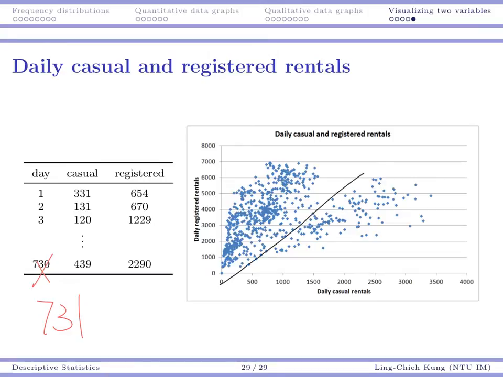If you separate them here, one group of data is something like this, the other is something like that. Then it's possible that indeed there are two subgroups within the 731 days, because they seem to have different patterns for you to go deeper for an analysis.